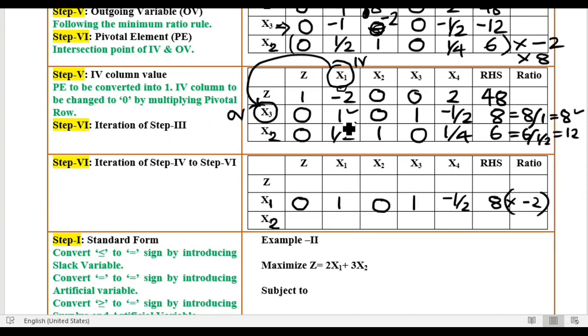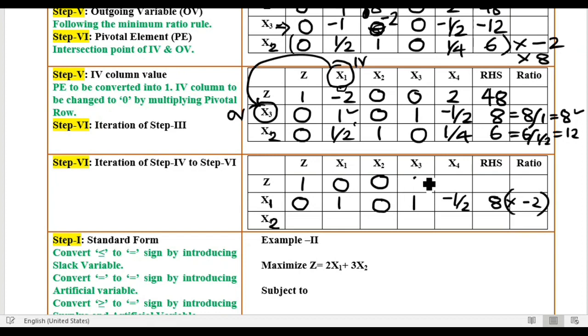If you add this way, for this one we can multiply the pivotal row with -1/2 and then add that one. After doing that, we'll be getting these values. As I have already told, I'm not repeating the thing, I'm just writing straight away.